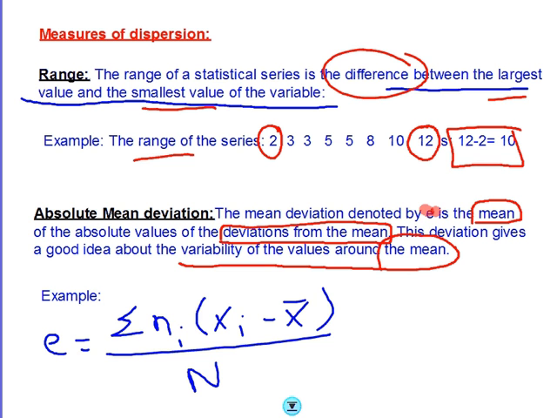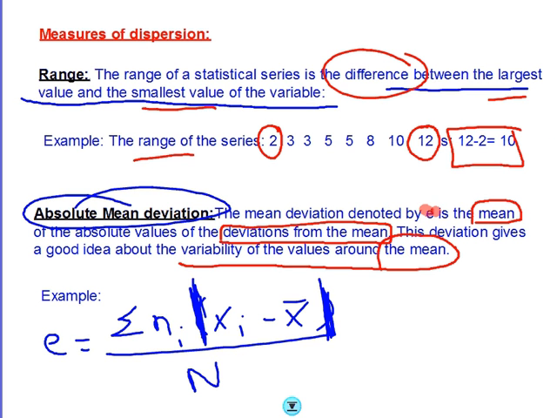Okay, for the absolute mean deviation you put here absolute value. So here you have to get always a positive number, no negative number, since you have absolute value. If you got a negative number, so your answer is wrong. So this is for the mean absolute deviation.